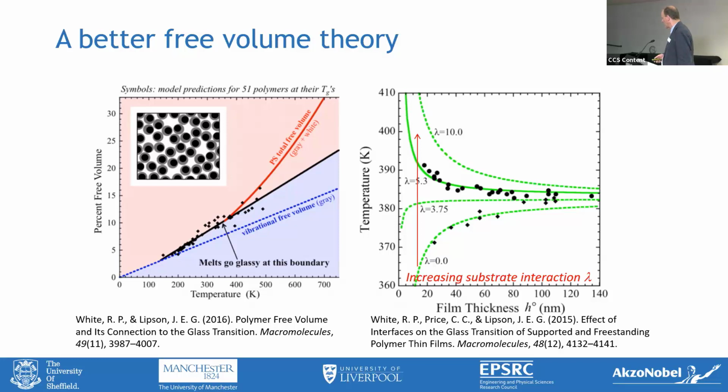So for no interaction, the mobility is higher. For lots of interaction, the mobility is lower. And you can imagine turning a knob, and as you turn the knob on, you reduce the mobility near that substrate. So that's what theorists can do. They don't have to worry about all this kind of experimental complication.